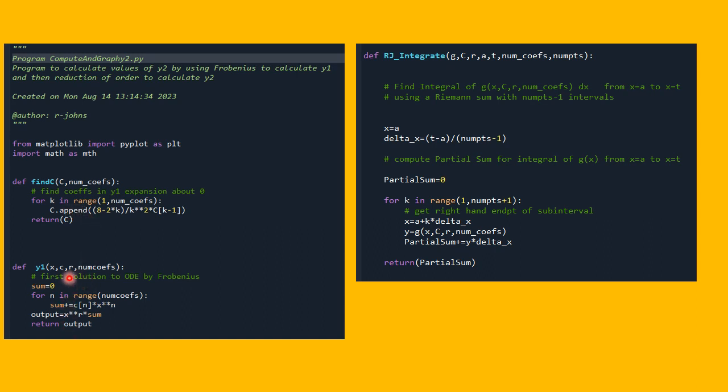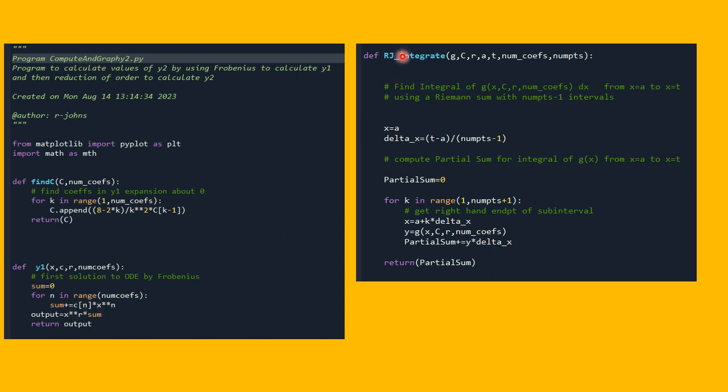Down here we have the function y1. We have seen this before, and we output x to the r times this sum. So we're outputting basically one of the partial sums times x to the r. R is the solution to the indicial equation.